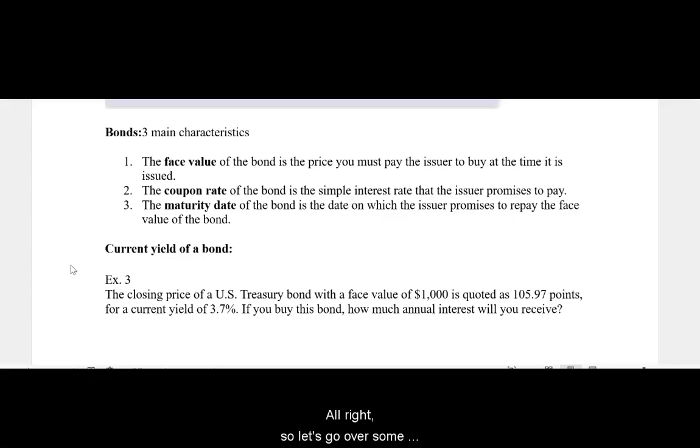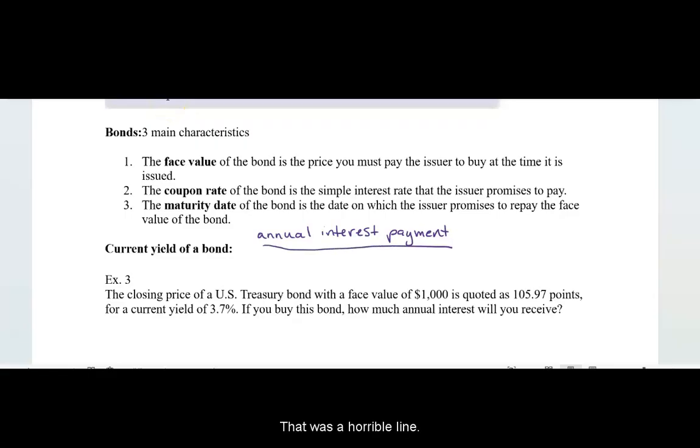All right. So let's go over some questions on here. Actually, first let me go over the current yield of a bond because we're going to do some problems on that. If you want to know the current yield of a bond, this is the formula: you're going to take the annual interest payment and divide it by the current price of the bond.